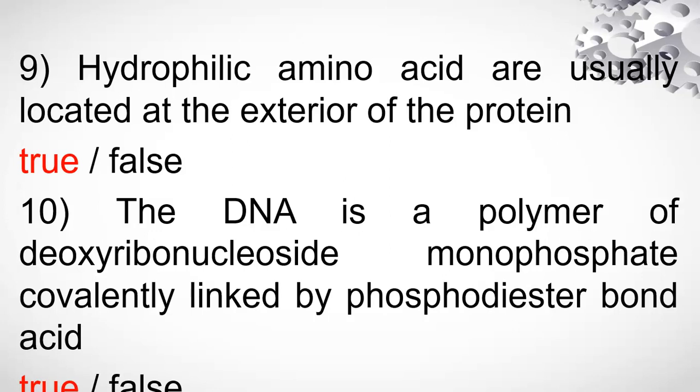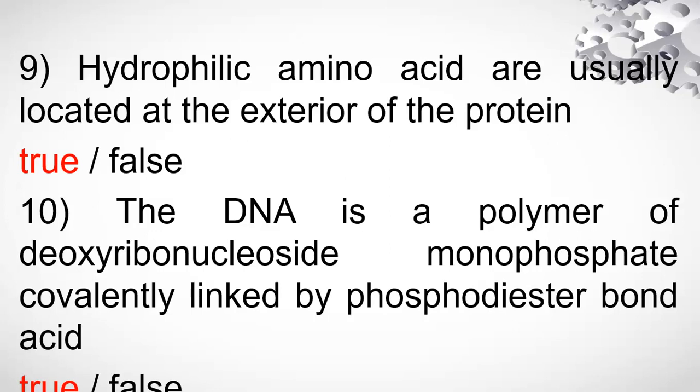Hydrophilic amino acids are usually located at the exterior of the protein. When we talk about exterior of the protein, we talk about the portion of the protein that is interacting with the water, that can interact with water. So they are usually hydrophilic amino acids. Hydrophobic amino acids will be within the interior of the protein. So the answer to the question is true.